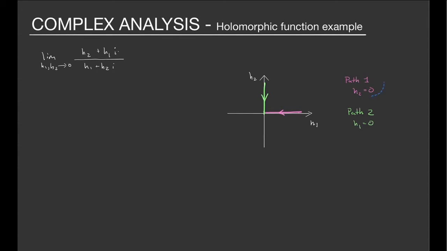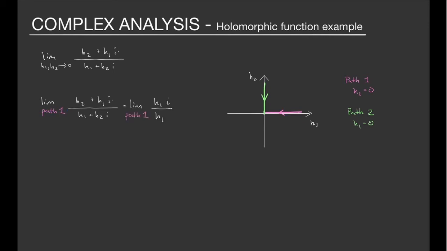If we look at path 1, all along that path, h2 is 0, and h1 is going towards 0, but h1 is not 0. However, that whole time along path 1, h2 is equal to 0. So if we take the limit along this path, where h1, h2 going to 0 means consider it along all the paths, so right now we're doing one very specific path.